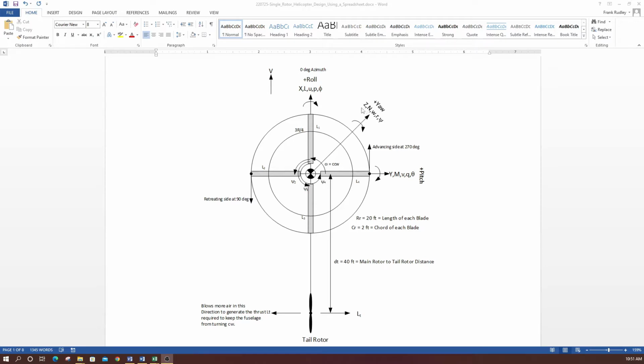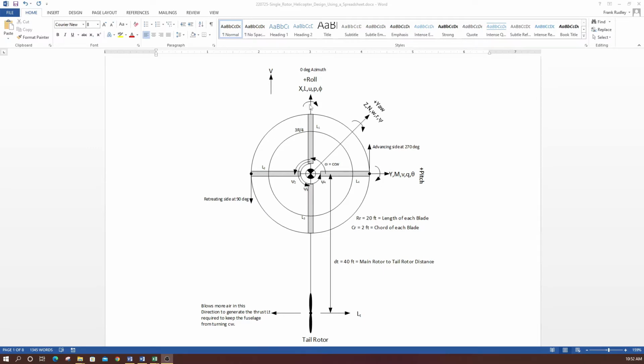That's our vertical force, and n is our yaw moment going around the z-axis. w is our vertical velocity, and r is our yaw rate, and this psi over here, Greek letter psi, represents the azimuth.